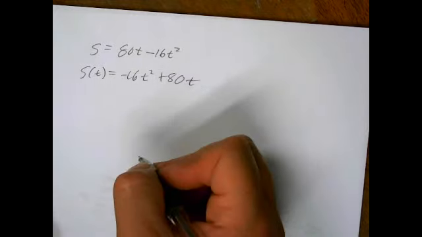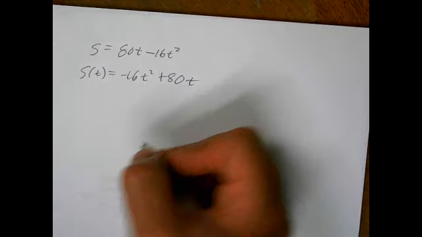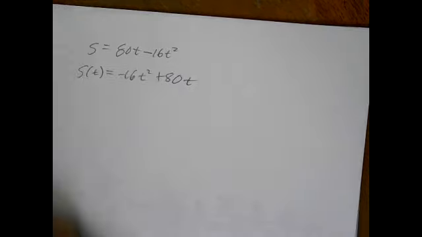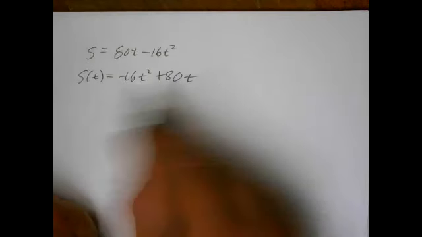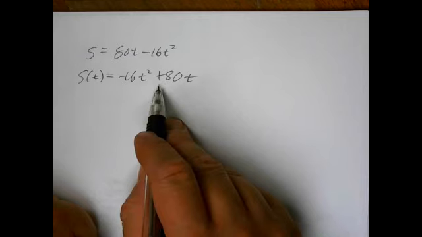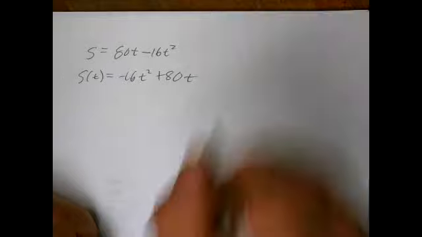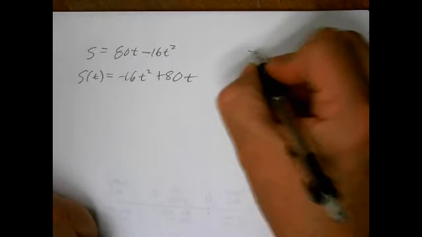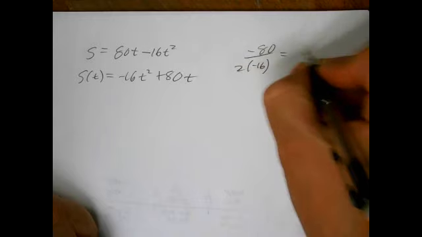All right. So what they want to know is, for example, what's the maximum height reached by the ball? Well, there's more than one way to do this. Hopefully you recognize that this is a parabola and that the maximum value of a parabola is at its vertex. And the vertex is opposite of b over 2 times a.